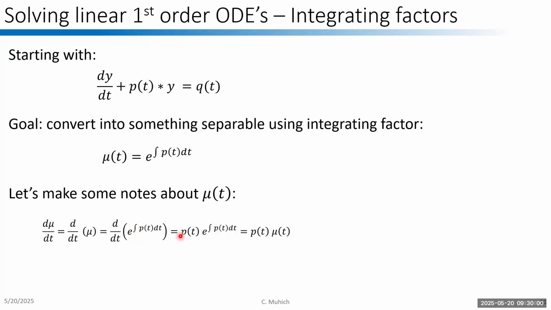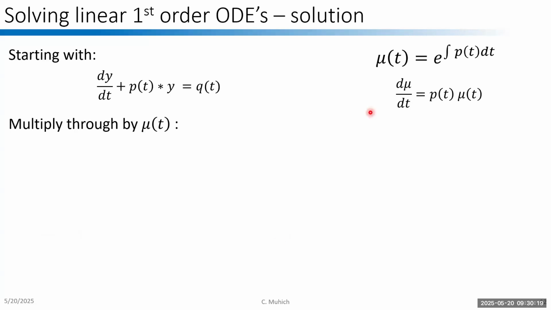The derivative of an integral is the function itself. So I end up with p of t times e to the integral of p of t dt. Well, this is just mu of t again. So the derivative of mu of t is equal to p of t times mu of t.